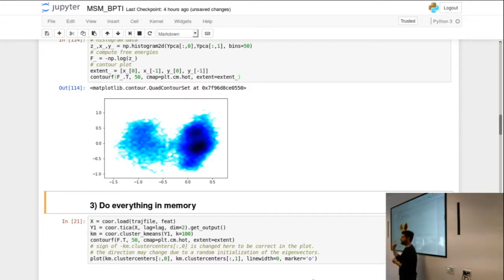Probably k-means would put one cluster center here to account for both of them, and you would lose the kinetic information of the system transitioning between these two. In other words, you would not be discretizing to cells that are in local equilibrium. You don't need to fully understand that. You just need to know that PCA dimensionality reduction might lead to projections that are prone to poor discretizations.